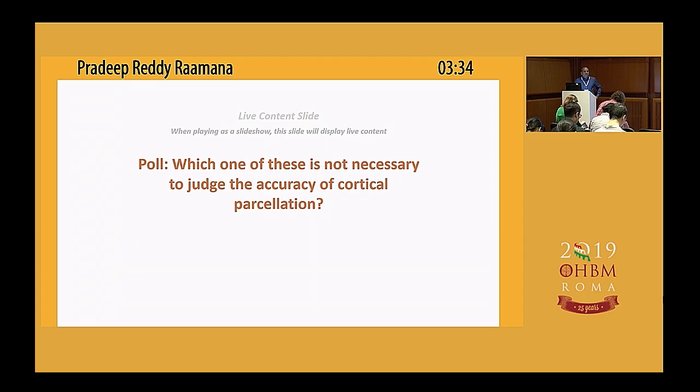All right, is that 100% too? I guess I didn't cover this as well as I should have. But the correct answer is cerebellar segmentation. It's actually a little tricky. Usually this is not necessary. Maybe I should say that.